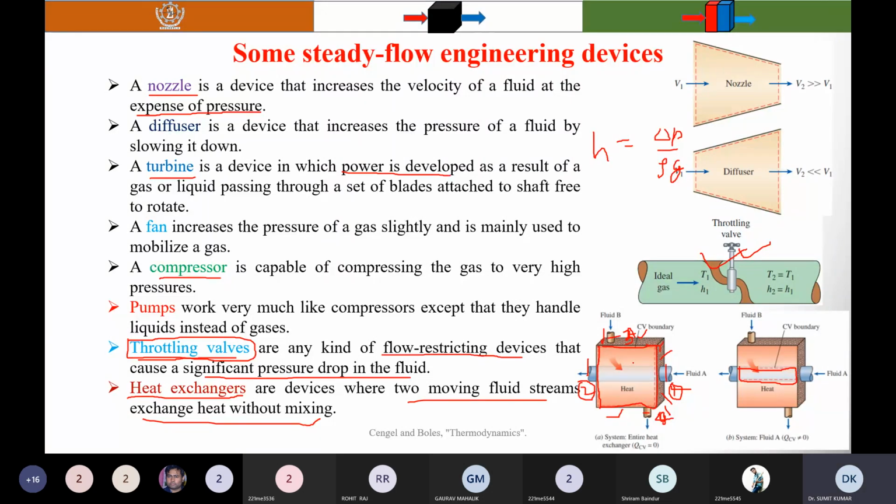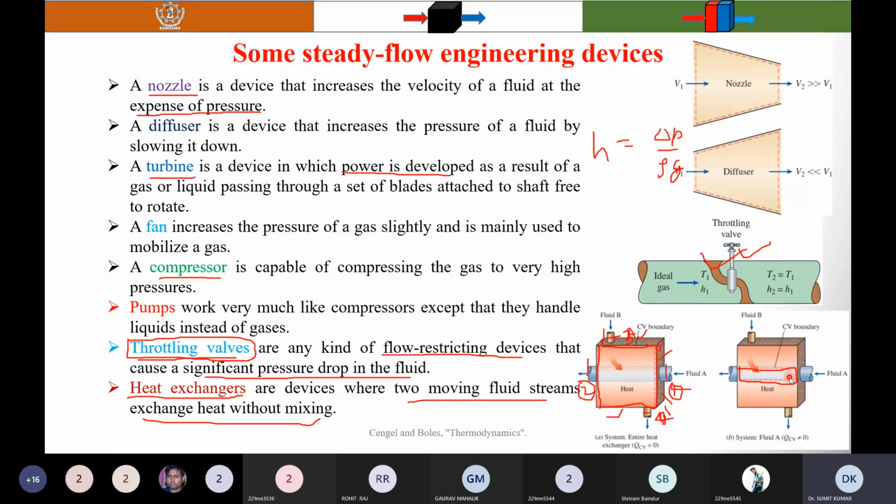In the first case, I assume fluid A and fluid B is my system, so there is no heat transfer from this to the surroundings. When you consider fluid A as your system, then everything outside the system is the surroundings.